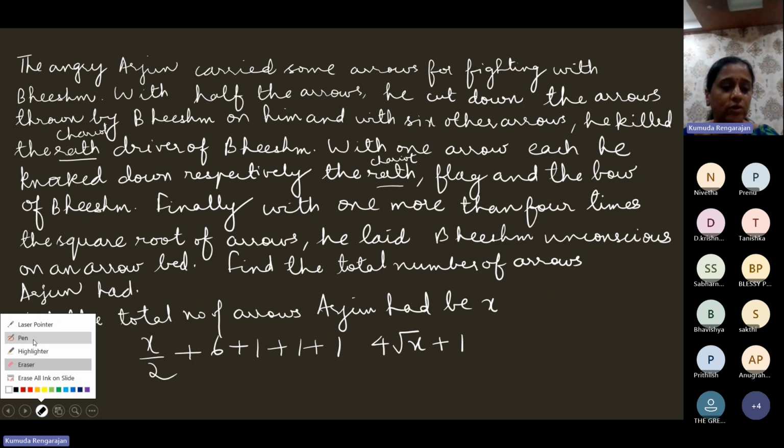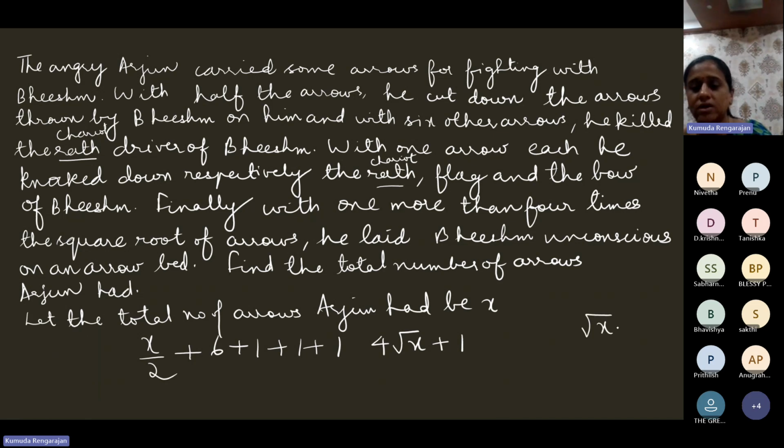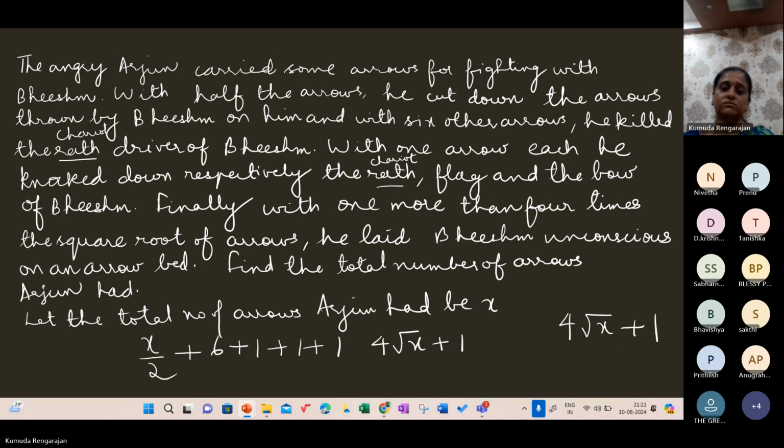Square root of the number of arrows is square root of X, because the number of arrows is X. 4 times the square root of the number of arrows means 4 into square root of X, and 1 more than that, plus 1.